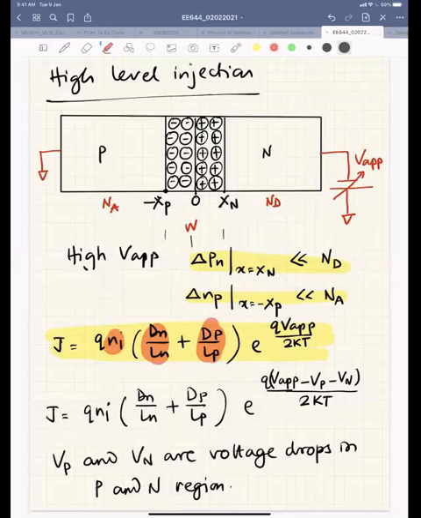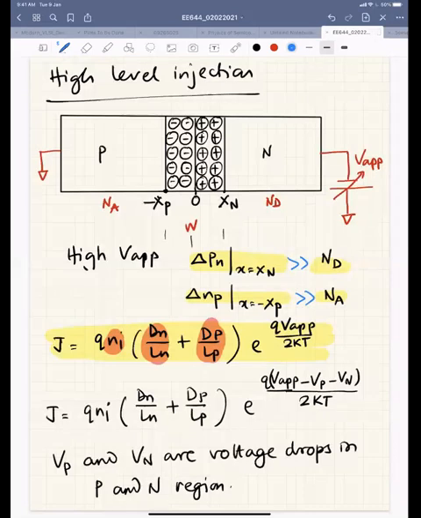Now I have q ni (Dn/Ln + Dp/Lp), and then e to the power qV by 2kT. Your delta Pn should be greater than Nd. Oh, sorry. Yeah, thank you, Nissan, for pointing this out. Delta Pn should be more than Nd, and delta Np should be more than Na.